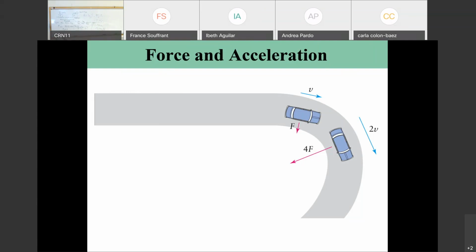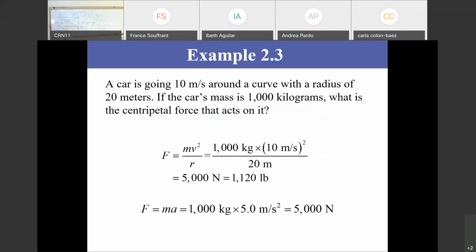So for a car that is going twice as fast as another car, the required centripetal force will be 4 times. That's why when you are going on ramps, you have to reduce the speed, because otherwise, the higher you go, the force will get higher and higher, faster. It's not linear, it's quadratic, right? So that's important on this equation there.